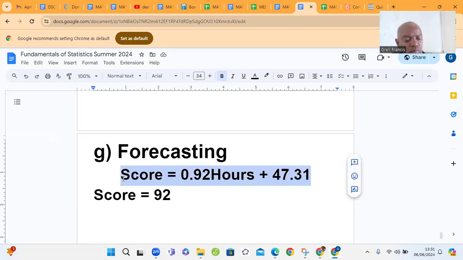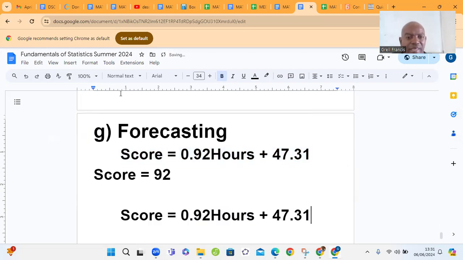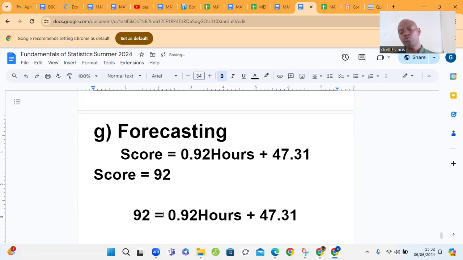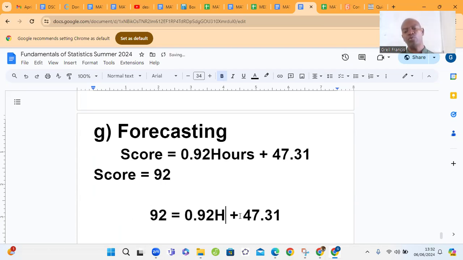And this 92, we are going to substitute into the equation. So therefore now we are going to replace the word score with the number 92. And now we're going to solve for hours. Just to make the algebra a little bit efficient, I'm going to reduce hours to just the letter H. So we're going to solve for H.